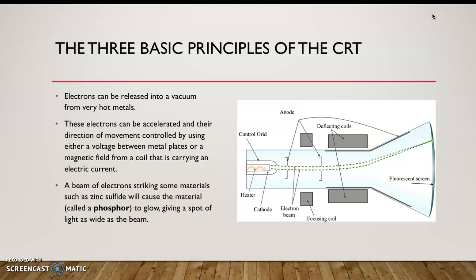Here is kind of how it's created, this picture here, and kind of how it works as far as where the heater and the control grid is what puts the electron beam through the coils, and once they reflect off of the fluorescent screen, that's when the images would be pushed out and produced onto the screen for display.